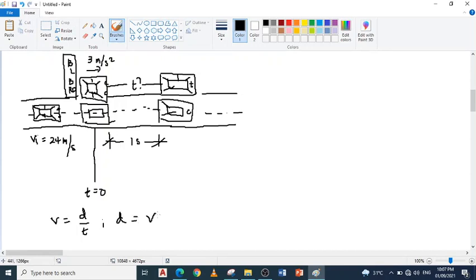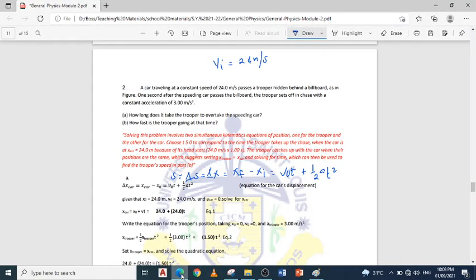So, meron tayong v times t, di ba? Ang velocity natin ay 24 meter per second times yung time natin na 1 second. So, cancel. So, yung initial distance natin, distance traveled after 1 second is 24 meters. Okay? Next.